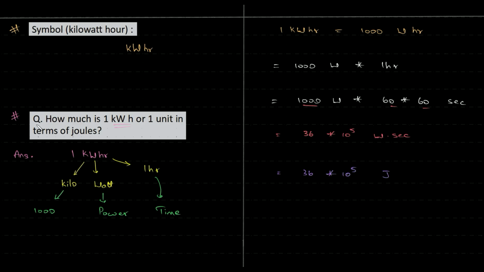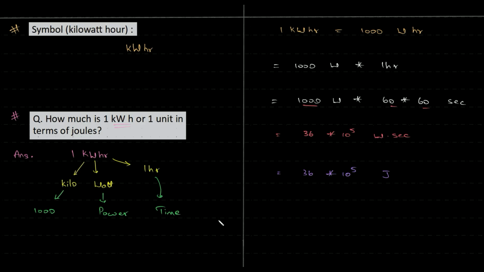This is a question that is actually asked in your books, but I took it as the flow of the topic. This is important for you to understand, and you need to write this in your exam. Please understand what is happening here. Kilo is 1000. 1 hour I've just written as 60 into 60 seconds, and it's okay to write in this manner. All I did was multiply and express in terms of exponents.